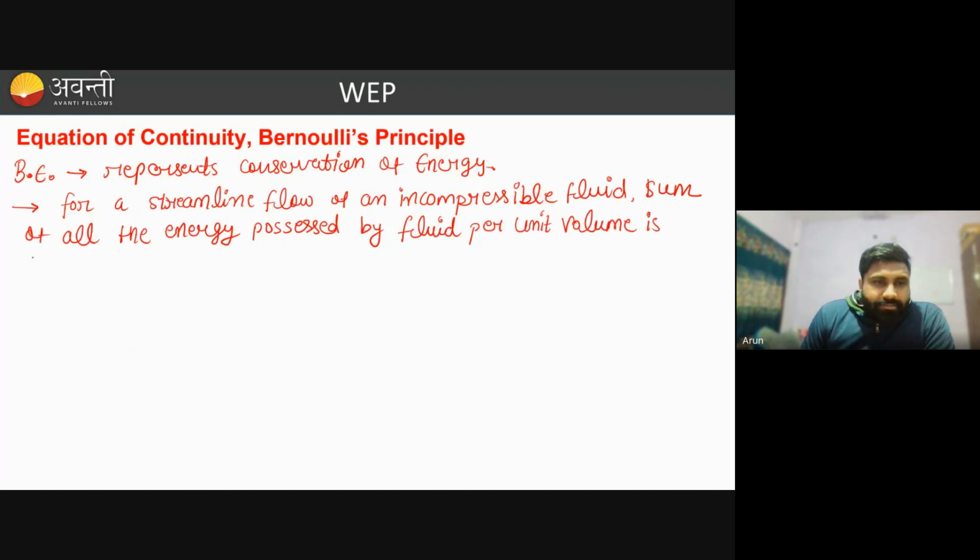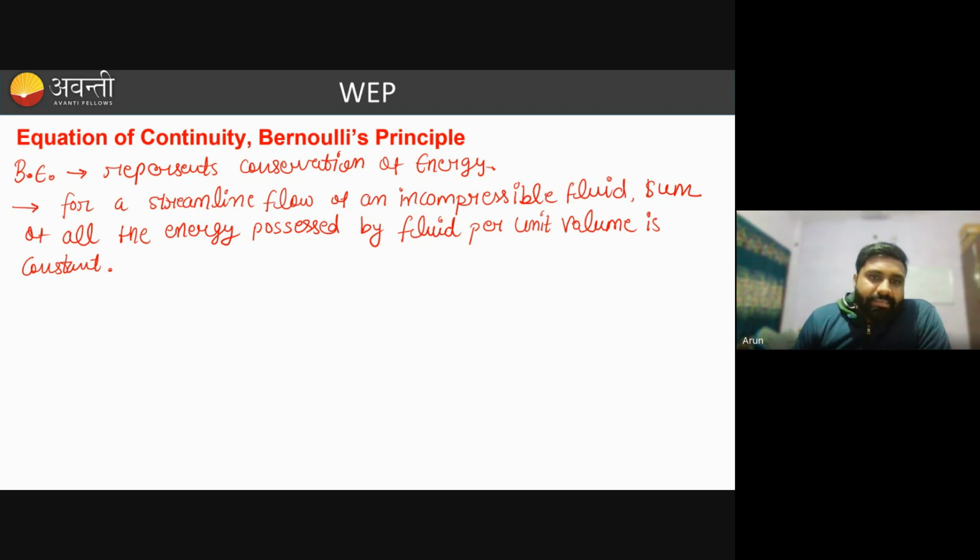Okay. So this is the statement of Bernoulli's equation. So all the types of energy per unit volume, for a streamlined flow of an incompressible fluid, the sum of all the energy possessed by that fluid per unit volume is constant.